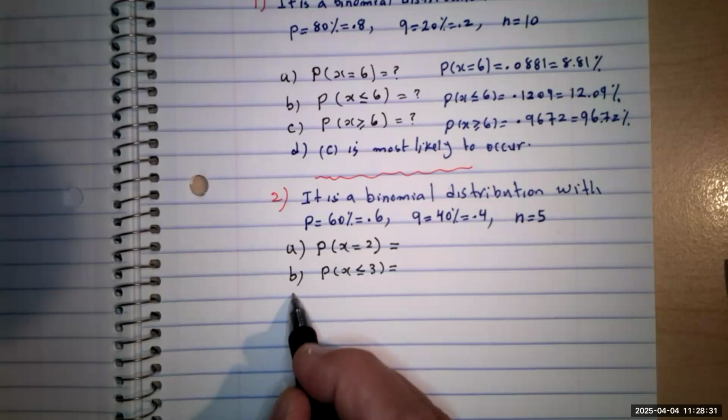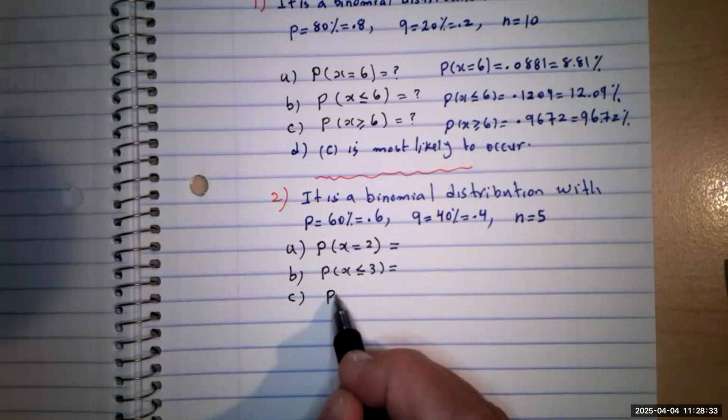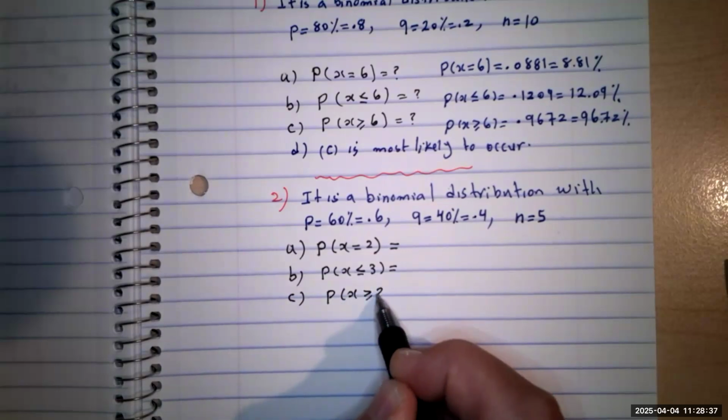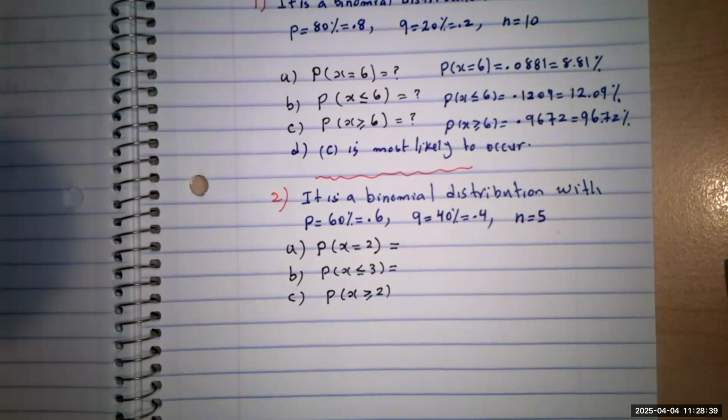And part C, at least 2. At least 2 means 2 up: 2, 3, 4, 5. Again, you can use the TI-83/84, or you can use the table from your book. But the easiest way to evaluate, of course, is Art of Stats.